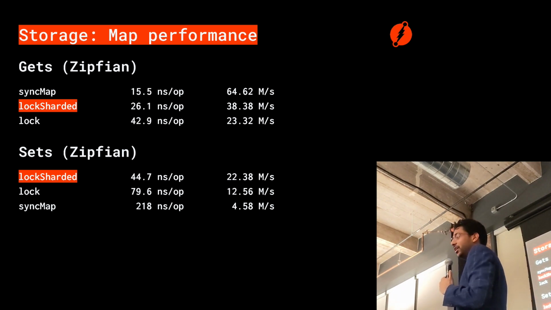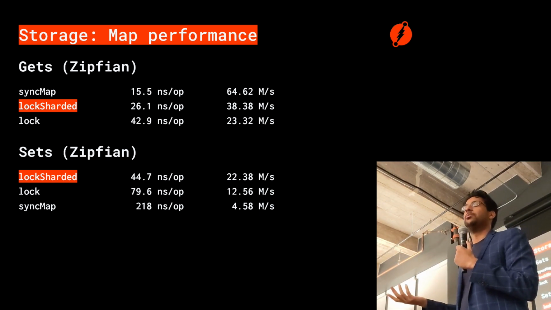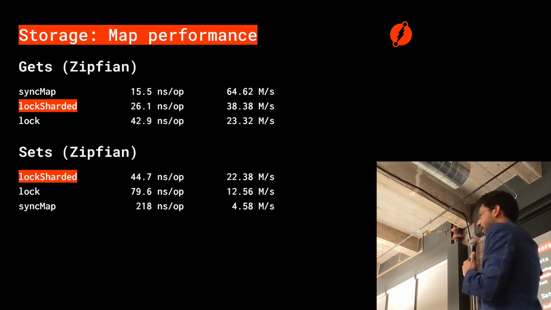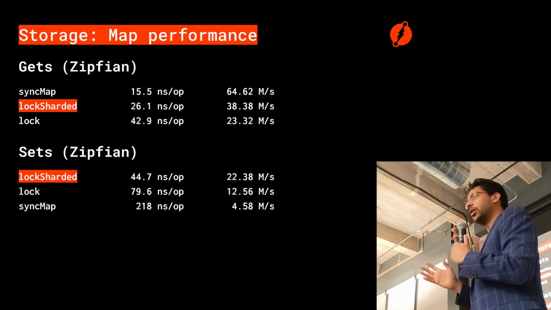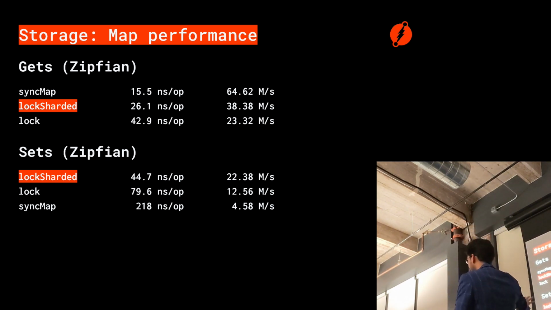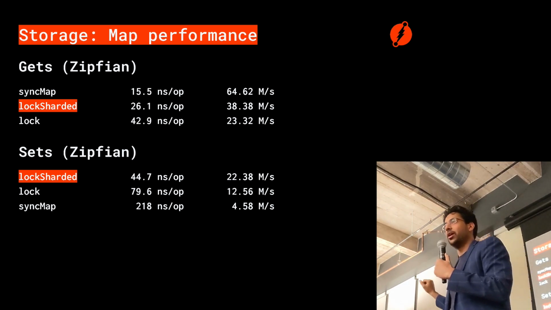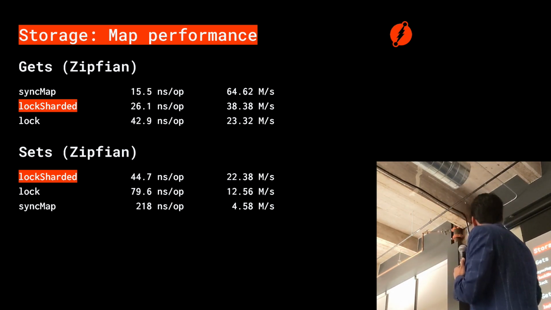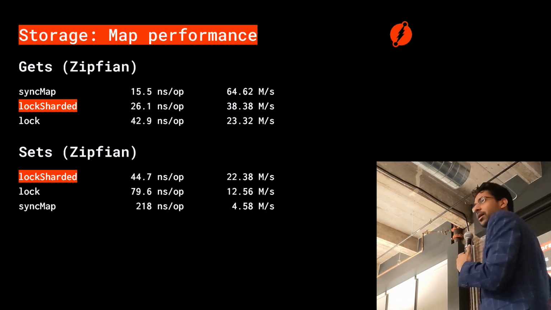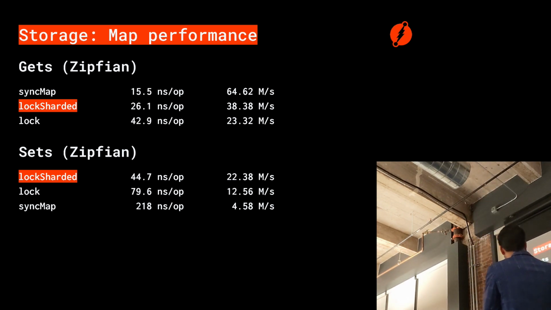So for storage, we did some benchmarks. Again, Zipfian distribution is what we are going for, which is not random key access. It's hard to do a mixed workload, so we decided to abandon that benchmark. So we just do gets and we do sets. For gets, sync.Map is the fastest, between sync.Map, sharded mutex map, and then mutex map. And then for sets, the sharded mutex map is the fastest.